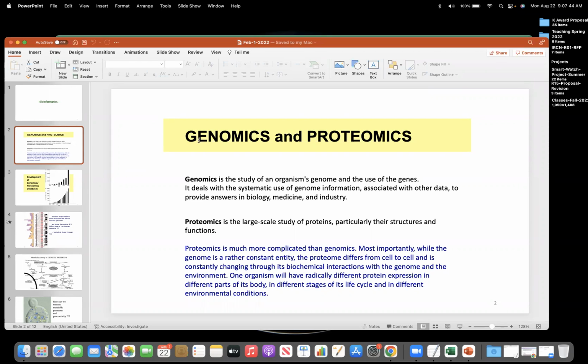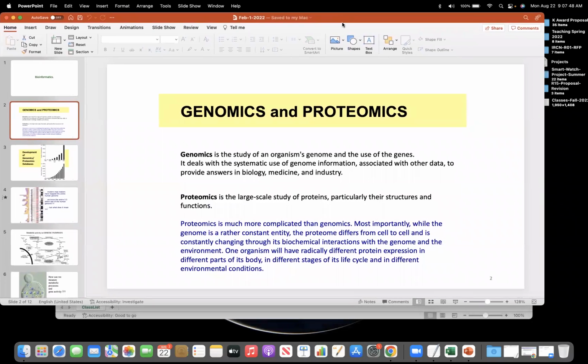So genomics, the definition is it is the study of an organism's genome and uses the genes. It deals with the systematic use of genome information, and it helps to provide answers in biology, medicine, and industry, right? So genomics is genome, right, or genes. So genomics is the study of genes.